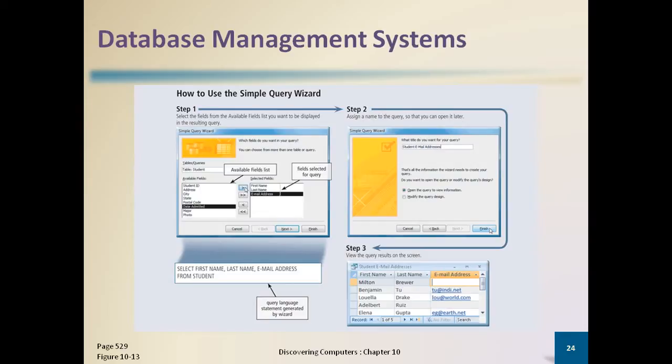Tampilannya seperti ini, dan kita klik next, dan terus yang tampilan kedua kita klik finish, dan terus slide ketiganya yaitu kita masukkan email kita ya, seperti contoh pada ini, select first name, last name, email address from students.